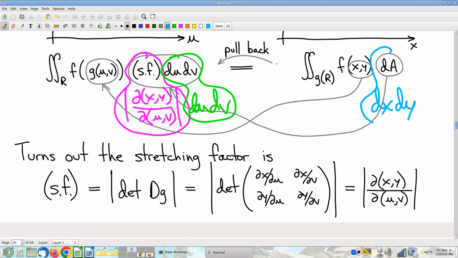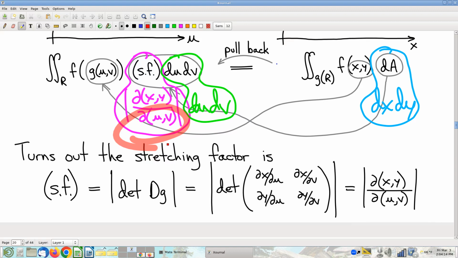And now I claim that this is actually kind of nice as follows. Take a look at what we have over here on the right. On the left, I have a du dv. In the denominator, down here, I have something that smacks of du dv.